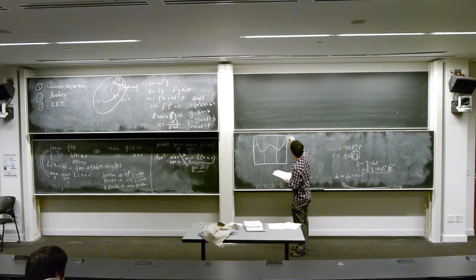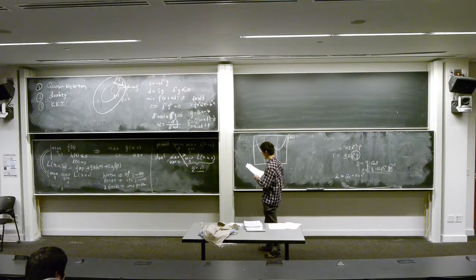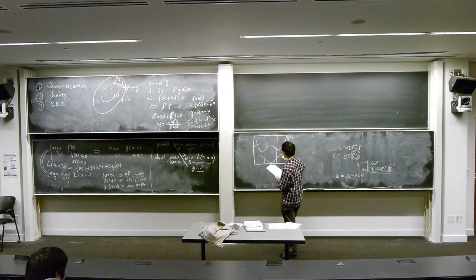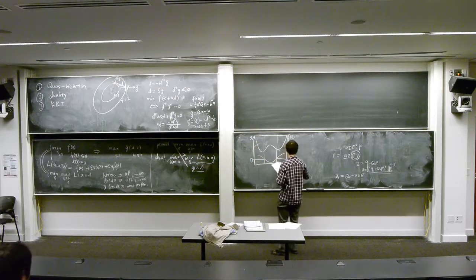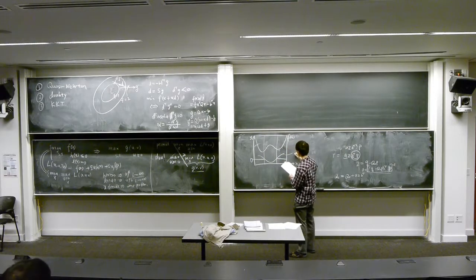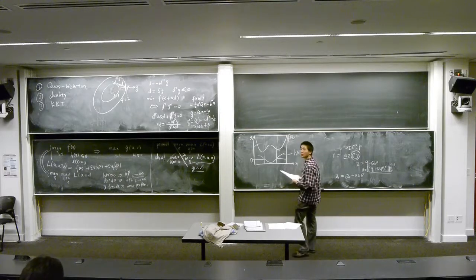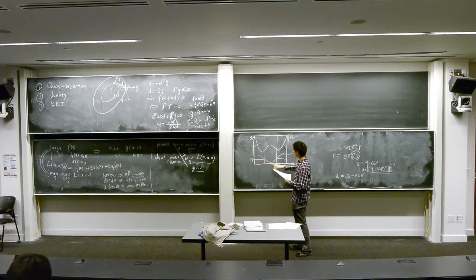This is my f of x. And I also have a constraint that looks like this. The y value is 0. This is y, this is x. And this function is a constraint. This function is h of x. So I want h of x to be smaller than or equal to 0. That means my feasible region is here, between these two bars.